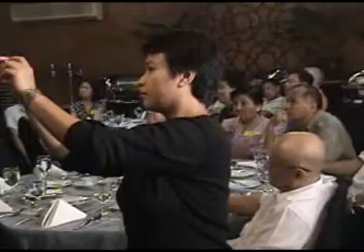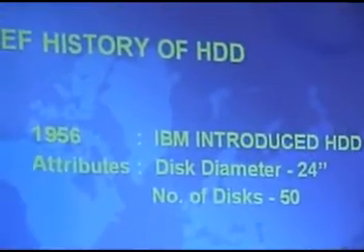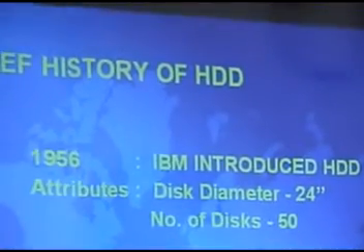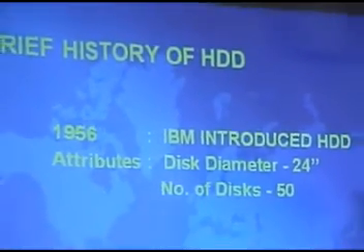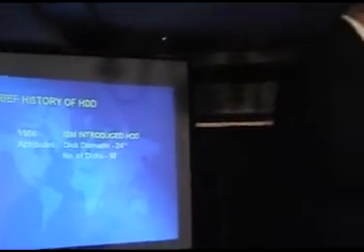The attributes of this hard disk drive: the platter that you see, the one that rotates, is 24 inches big. The number of disks that they have to build in order for it to be useful, 50 disks in one drive, 24 inches in diameter.